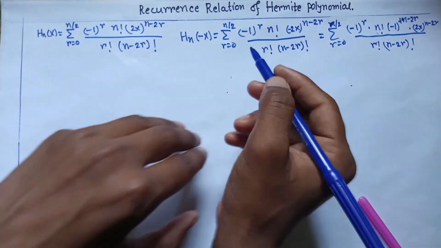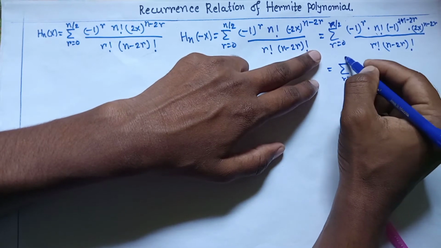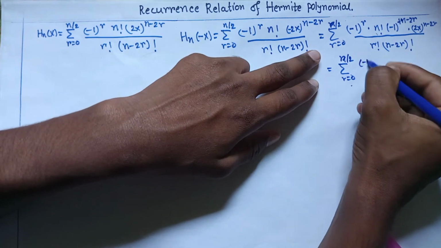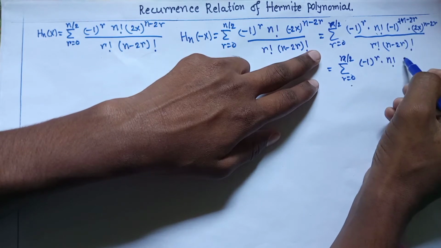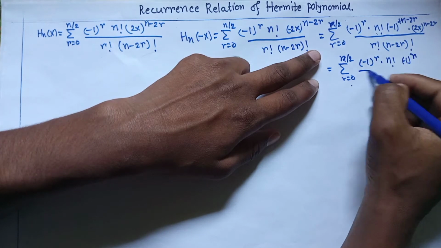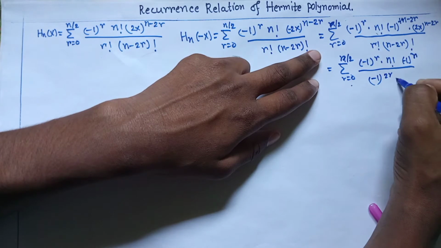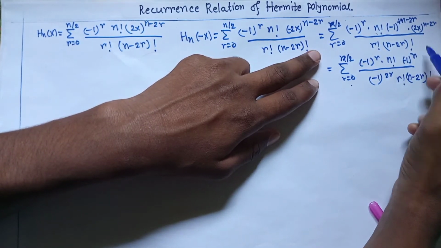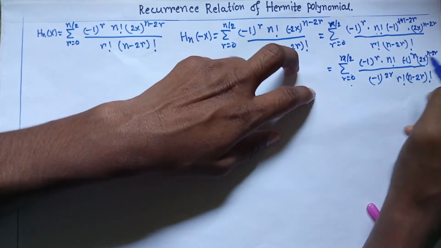Okay, then we can write r equals 0 to n upon 2, minus 1 power r into factorial n, minus 1 power n, we can write this as minus 1 power n divided by minus 1 power twice r, and here factorial r, factorial n minus twice r, into 2x power n minus twice r.